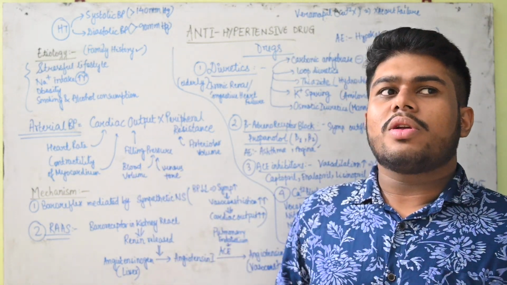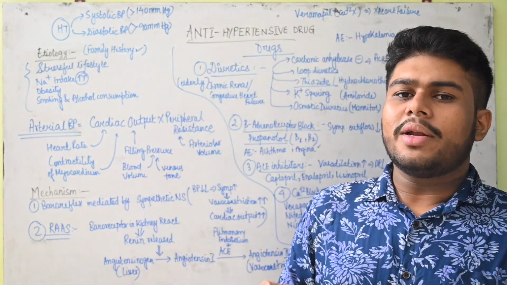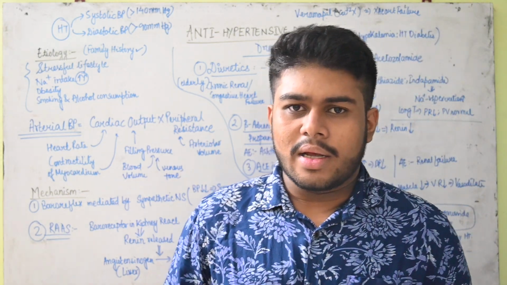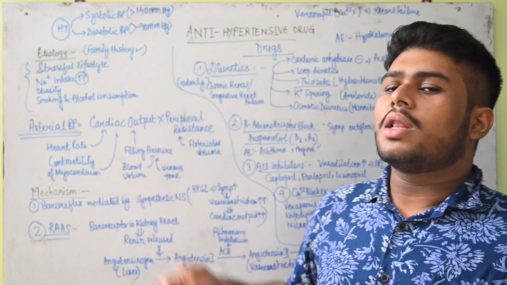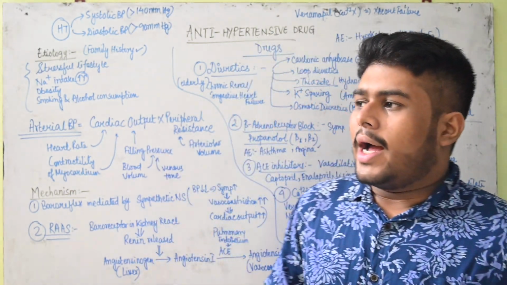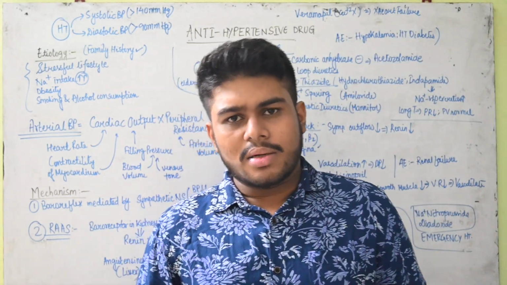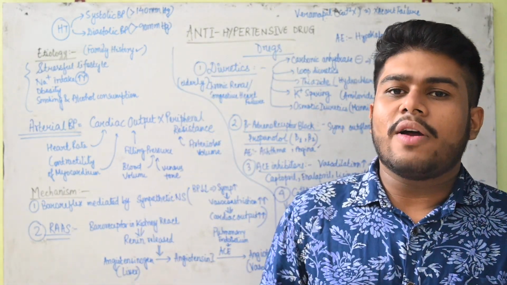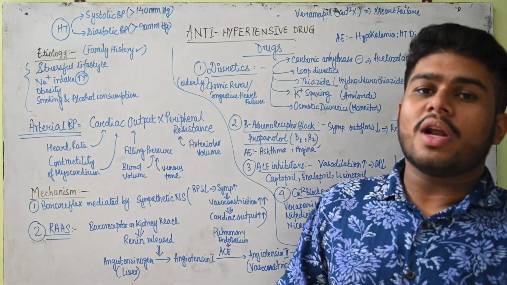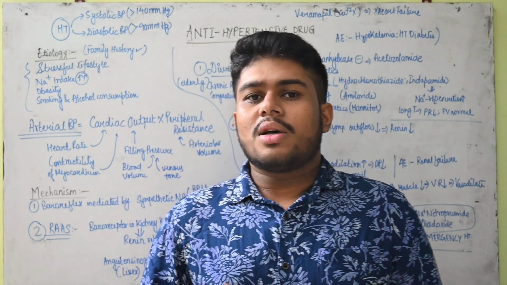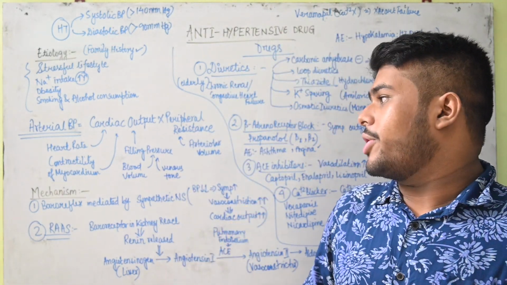We take a time duration of 60 seconds and calculate the heart rate within 1 minute, and accordingly we calculate the cardiac output, which comes out roughly around 4.5 to 5 liters per minute. That cardiac output is multiplied with peripheral resistance, the resistance offered in the blood vessels throughout the body.